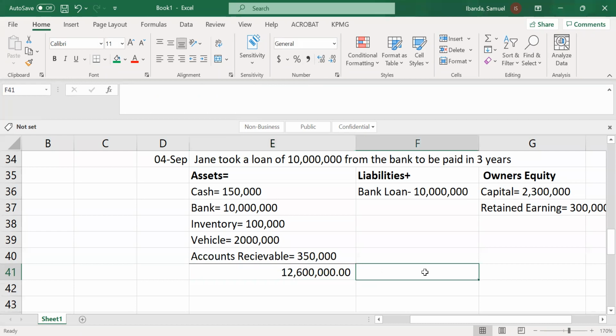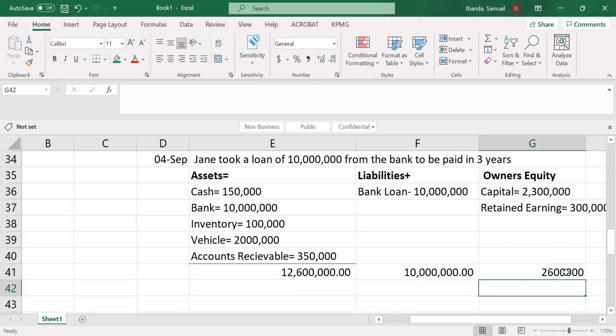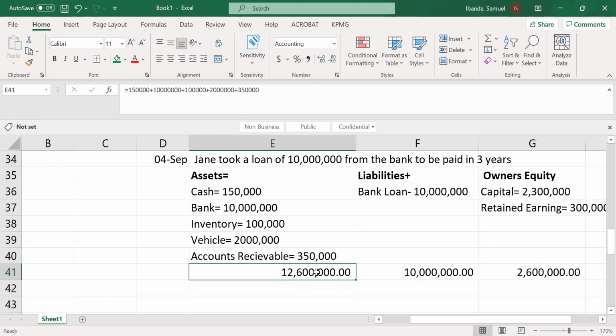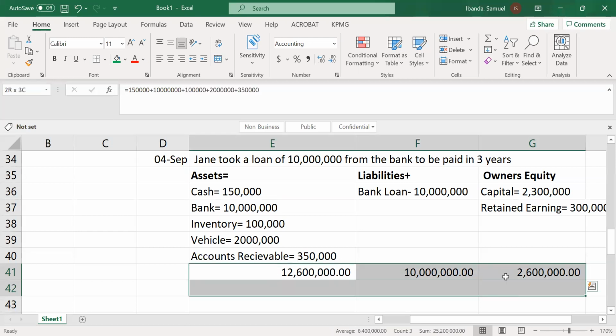The liabilities, it is 10 million. There's only one item there. This is 10 million. Retained earnings remains 2.6. So as we can see, the 12.6 million, which is our assets, is equal to 10 million, which is liabilities plus owner's equity. So our accounting equation has been balanced here.